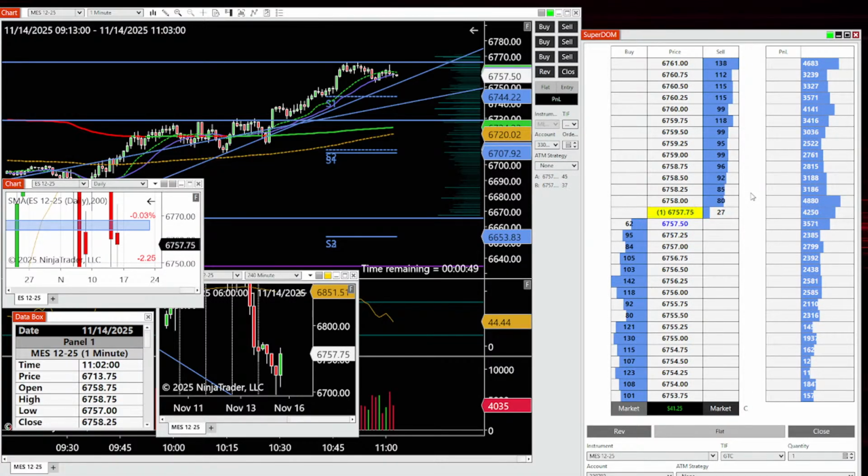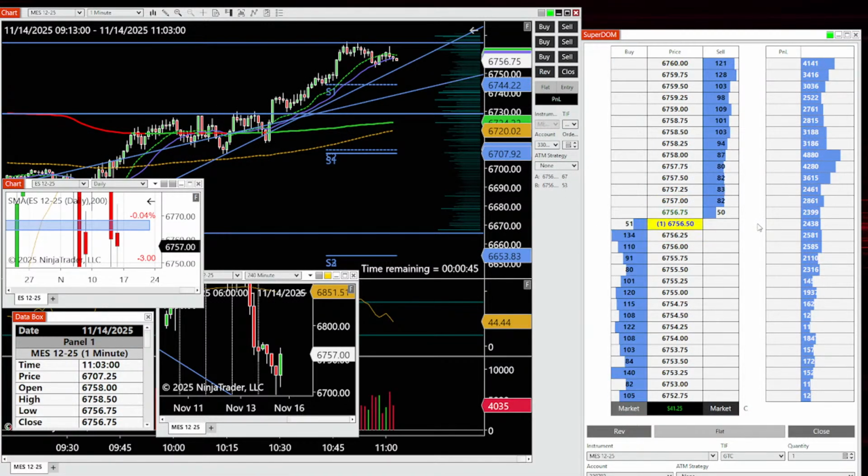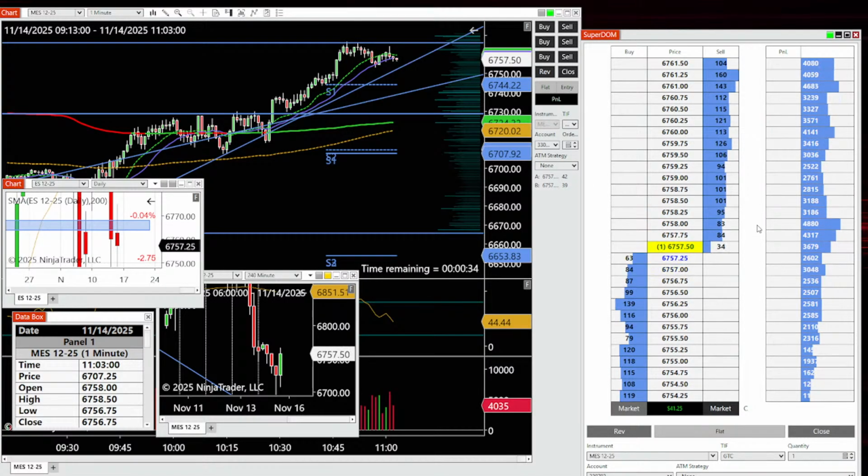Trying to hold the 8, 9. It's not really holding it. Let's see. Well, it's holding a 7.